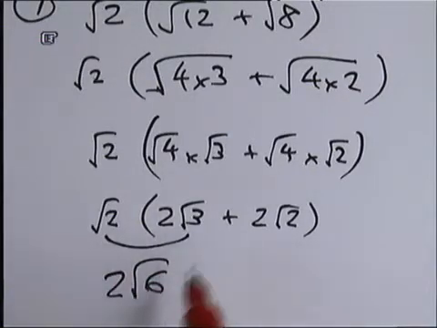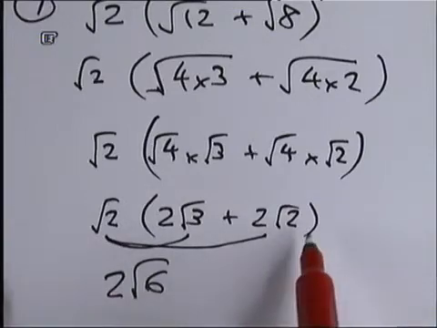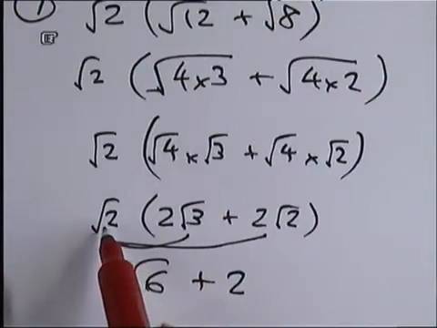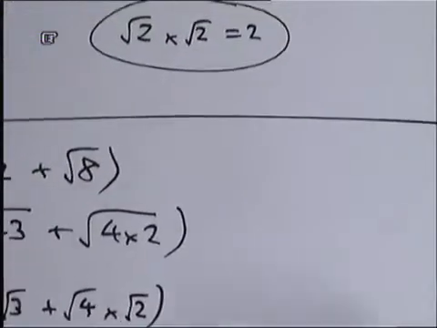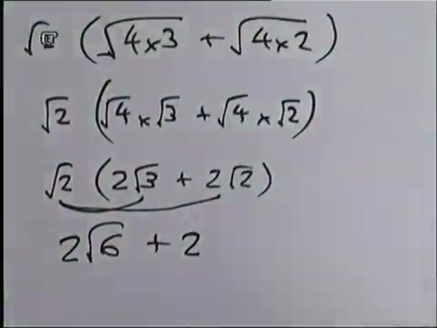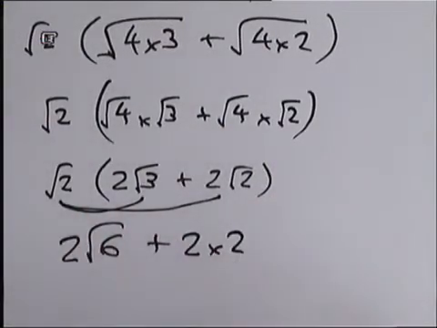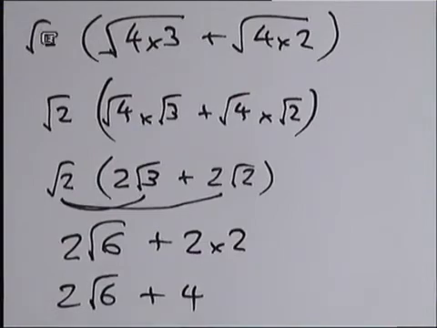Then I'll multiply that root 2 by this 2 root 2. So I've got a normal 2 there. Then I've got a root 2 here times by another root 2 here. If you think back to earlier, we've already said root 2 times root 2 is just a normal 2. So over here, I've got this 2, and that root 2 and that root 2 make another 2. So I've got 2 root 6 plus 4. And that is the answer to that question.